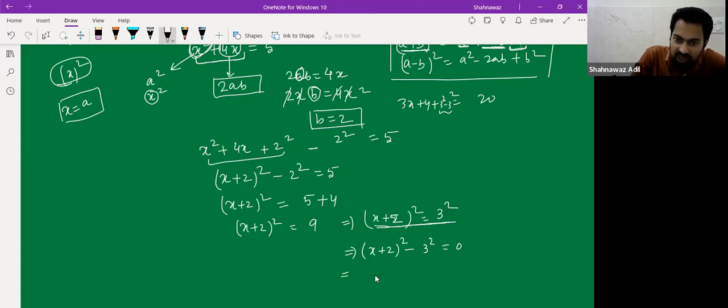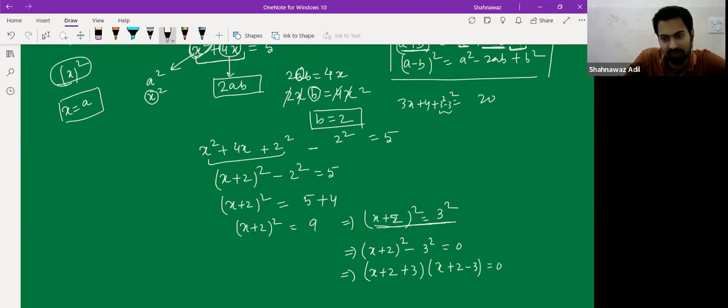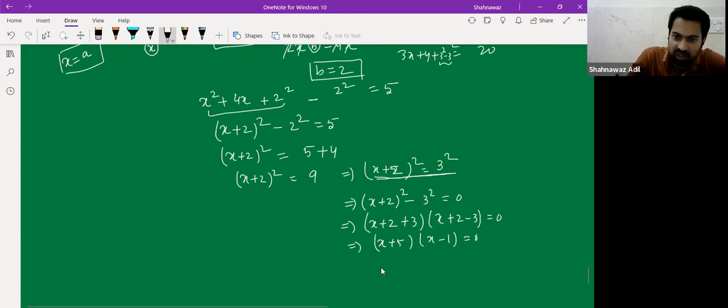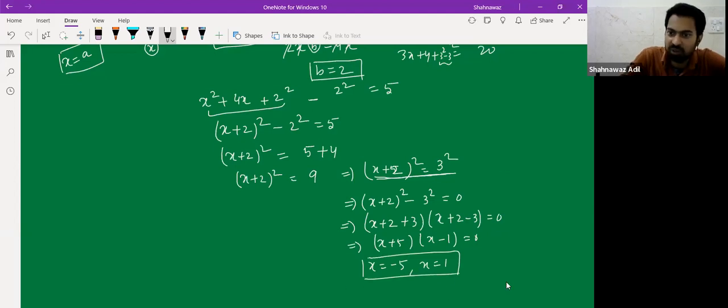So this would be a plus b and a minus b. So this would be x plus 5 and this would be x minus 4. Then you also get x equals minus 5 and x equals 1, which we got earlier. So whatever you choose.